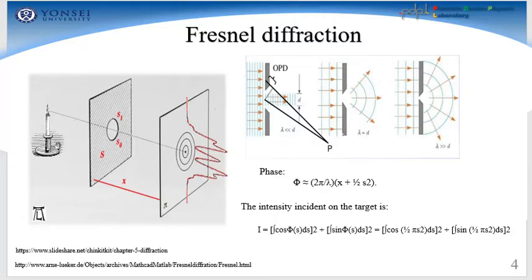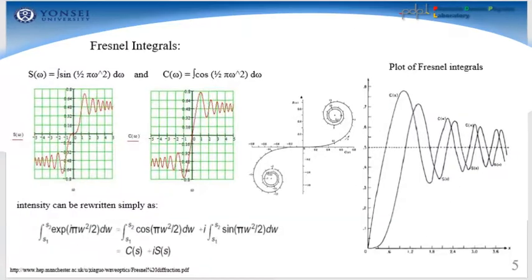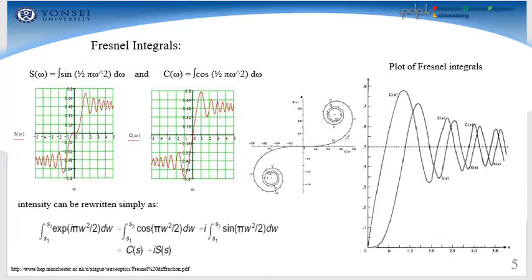Assume that the wavelength is lambda and the phase is shown by this relation. Light originates from a point S and reaches the target on the right side. The intensity is given by this equation. The Fresnel integral has two functions, S and C, which are defined by these two functions, and this equation gives us the intensity.